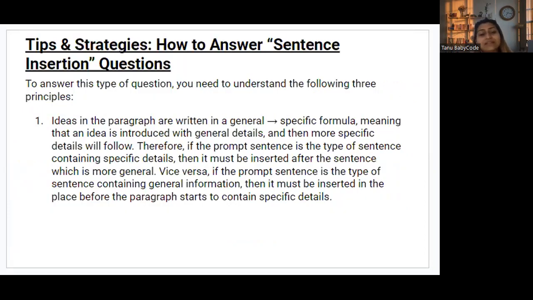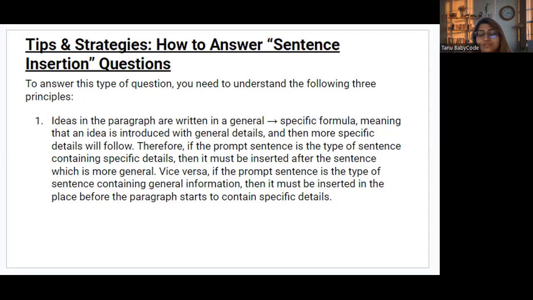So let's look at some of the tips and strategies on how well you can answer this type of question. First strategy is that ideas in the paragraph are written in a general format. The specific formula is that an idea is introduced with general details, and then you add some specific details.